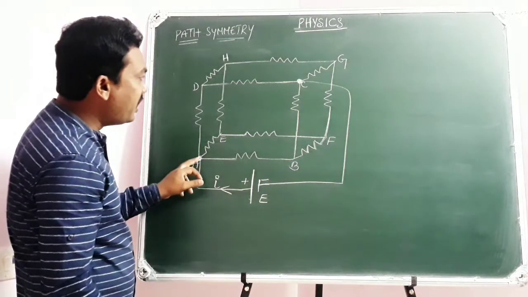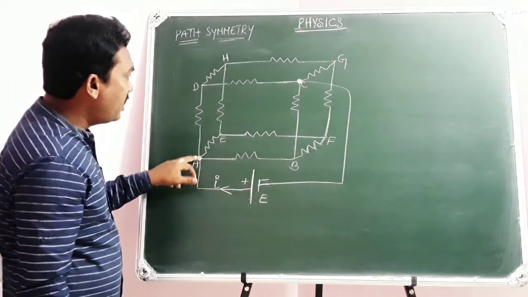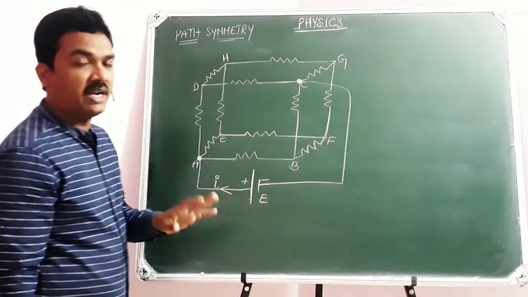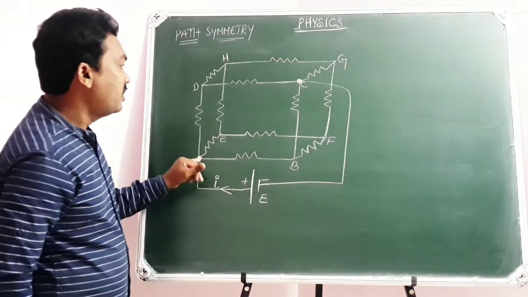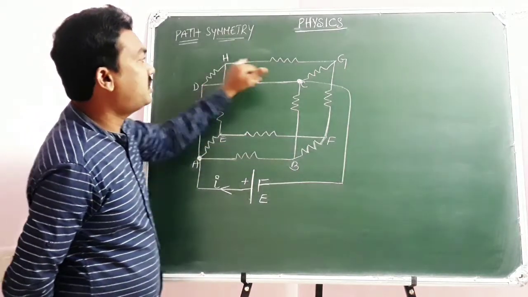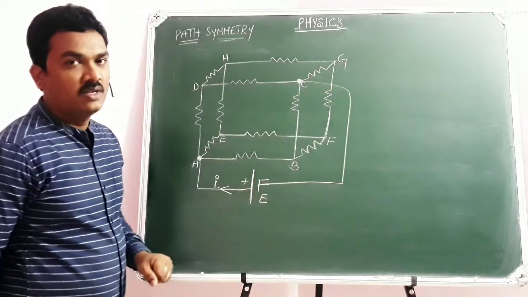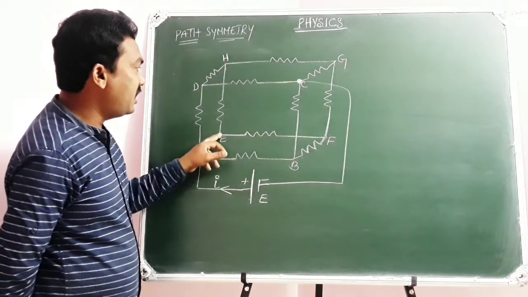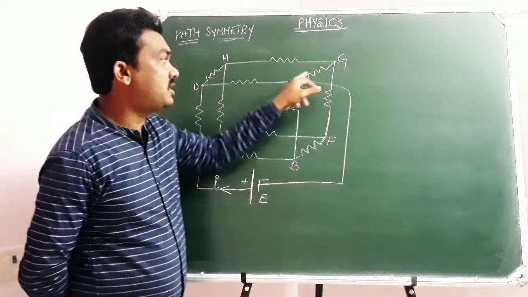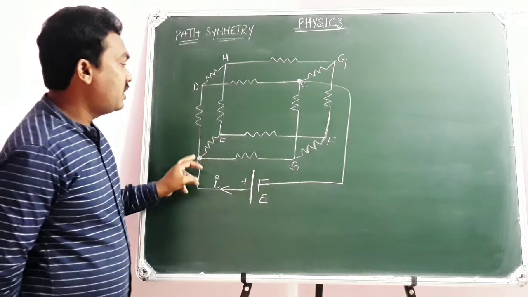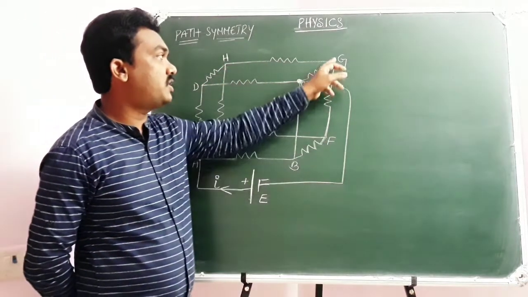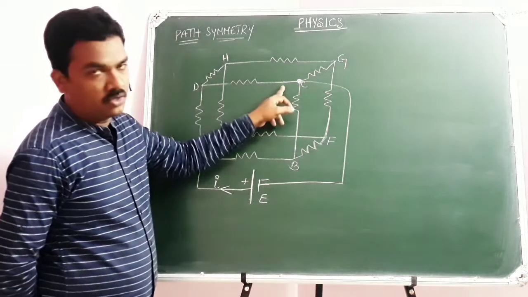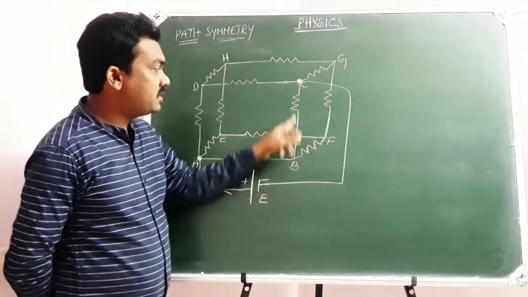But while moving from A to C, AD, DC and AB, BC are identical paths, but AEHGC is not identical to AB and AD. AEEHHGGC has 4 resistors, AEEFFGGC has 4, but ADDC has 2 and ABBC has 2.